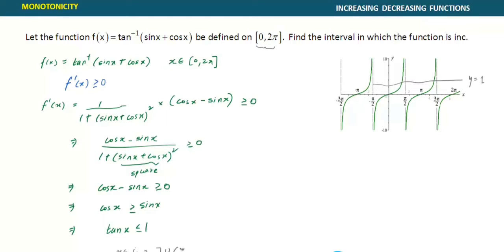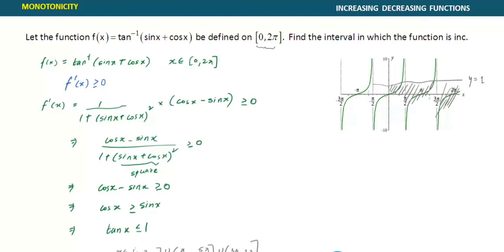So pi by 2 to 5 pi by 4, right? Okay, and then you will say, sir, again from 3 pi by 2 to 2 pi, because again it is below, so you want the points which are below the y equal to 1 line. So this is the region, and then this is the region, right? So this will be union 3 pi by 2 to 2 pi. So this should be your answer, right?